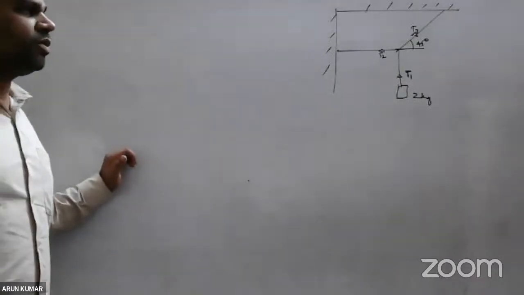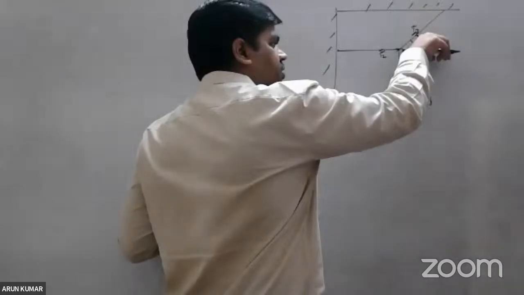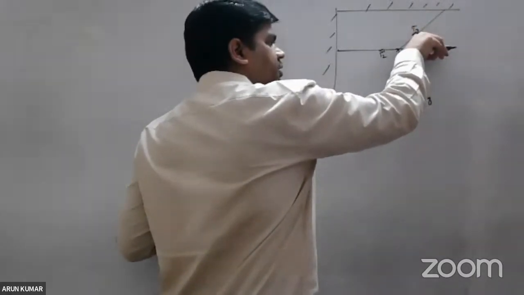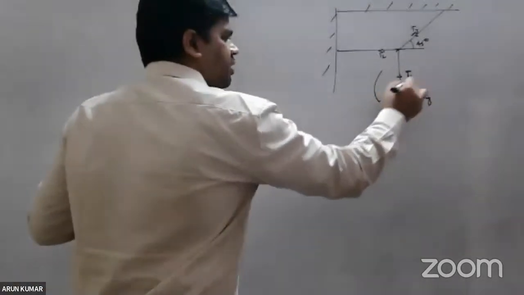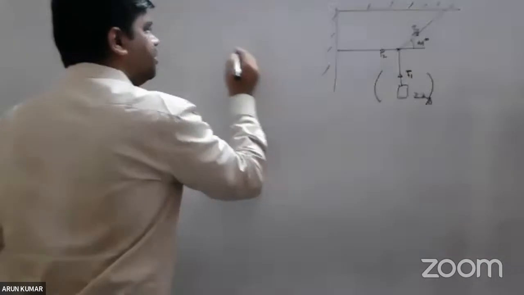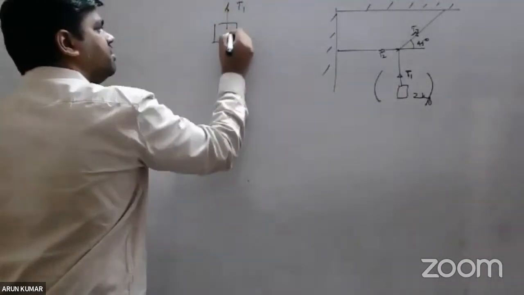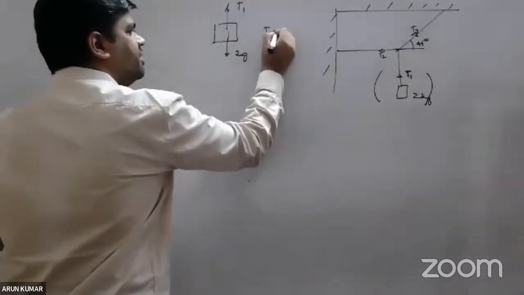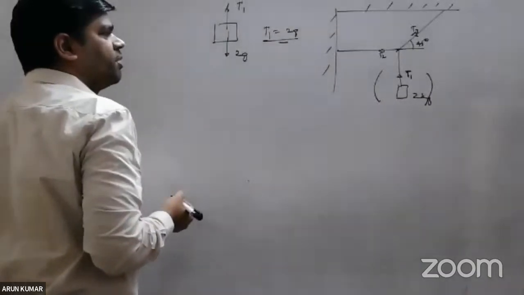Alright. So I'll take component of T3, horizontal component, that will be T3 by root 2, equal to T2. But just consider this block, T1 will be equal to 2G.